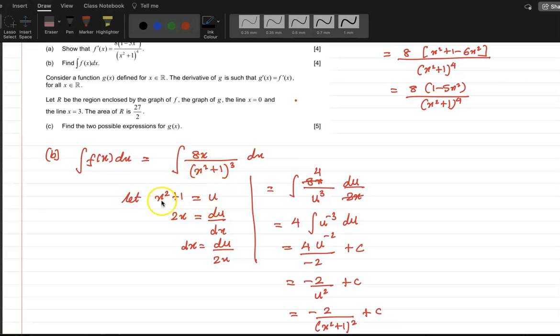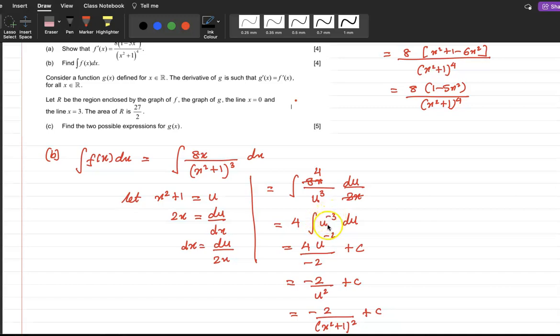Differentiate throughout. So the derivative of x² with respect to x is 2x, equal to du by dx. Make dx the subject, you cross multiply. Substitute, put this value over here. So in place of dx, you'll put du upon 2x, 8x upon u³. This and this cancel out. So u raised to minus 3.